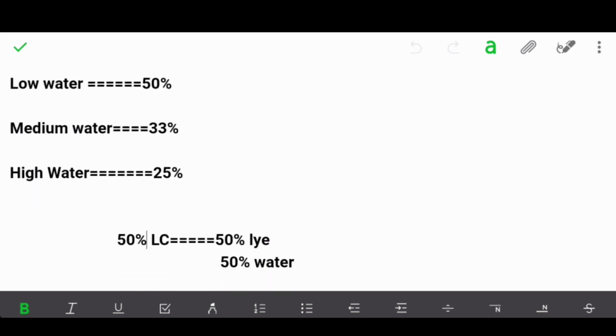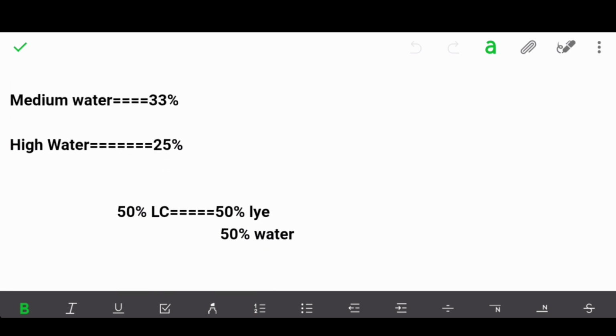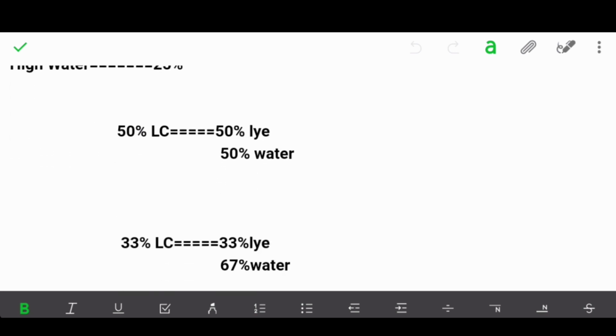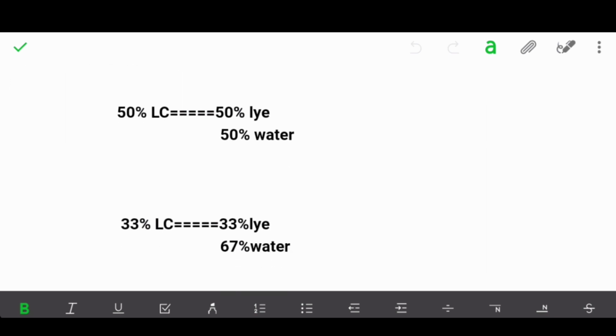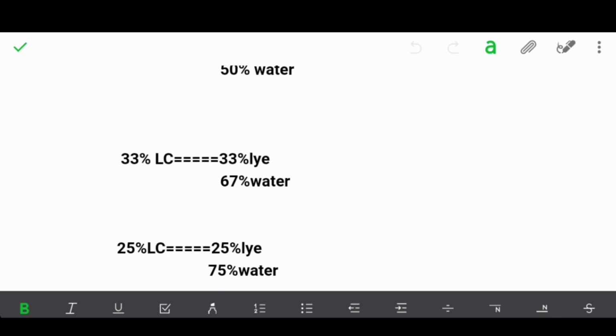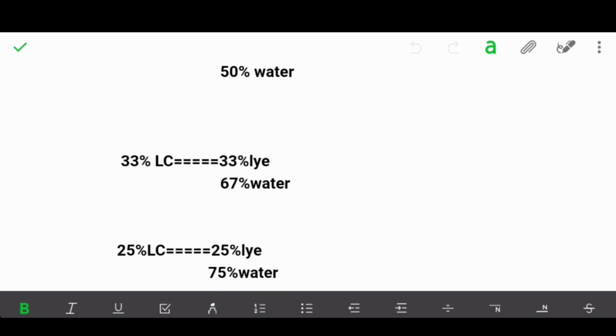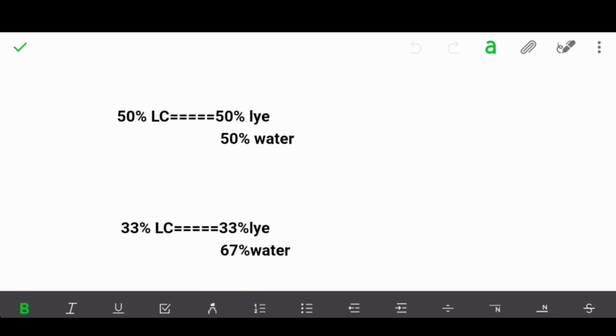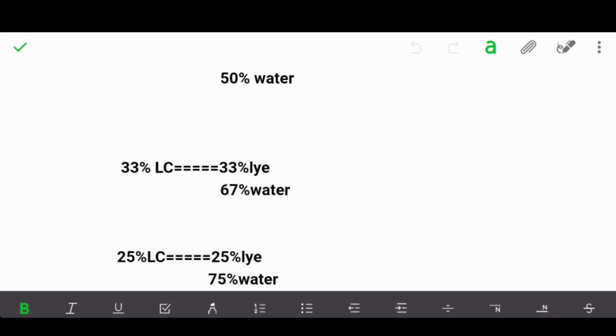For the medium lye concentration or medium water, you have 33%. That 33% means you need 33% of lye to 67% of water. Here it's in the middle. Anything between 33 to 42, it's super safe for me. That's what I like to roll with, because then you don't have too much lye and you don't have too much water, and everything is just okay.